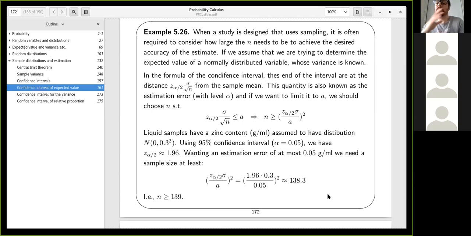So if you want your confidence interval to be narrower, and you have already determined your confidence level, alpha, so you want a 95% confidence level and you want a narrow interval, then you need a larger sample. If you want to narrow your interval, you need a larger sample.